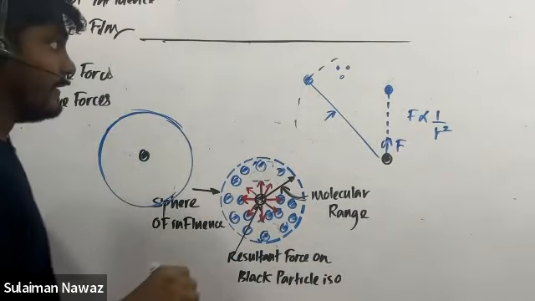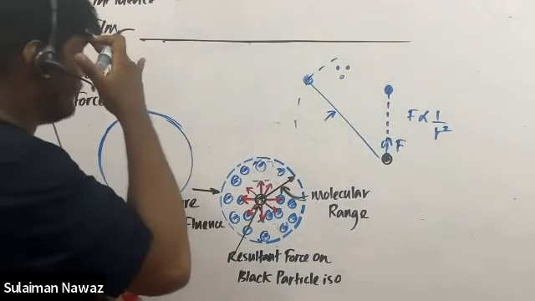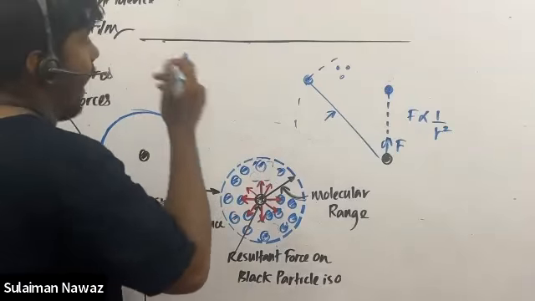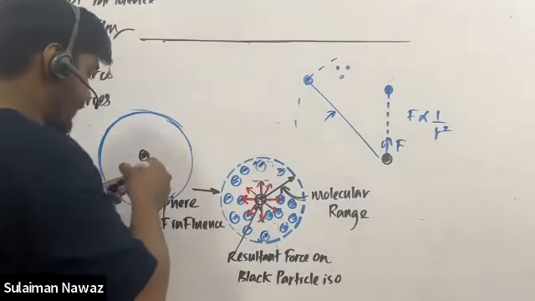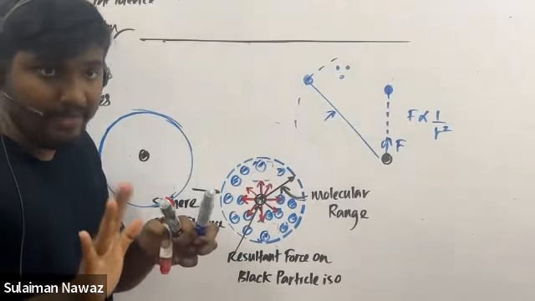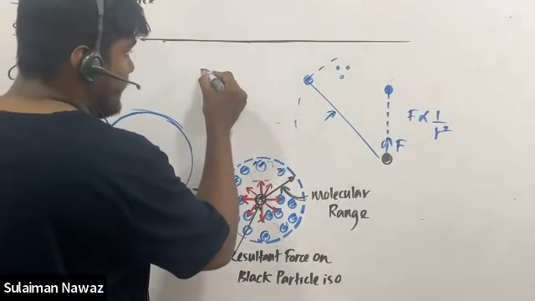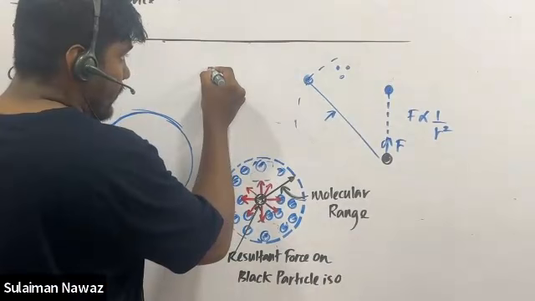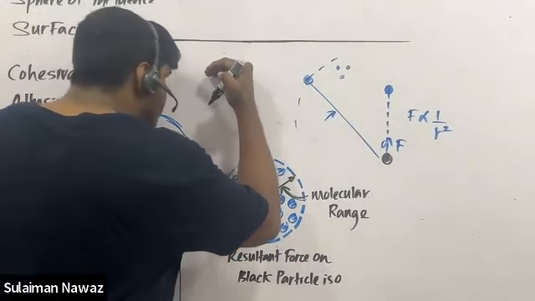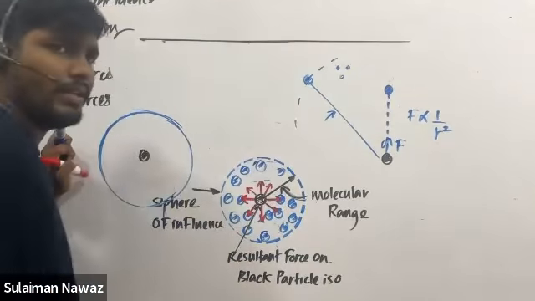But what would happen? Now there is a particle, very carefully listen. If I consider the sphere of influence of a particle very close to the surface of the liquid.